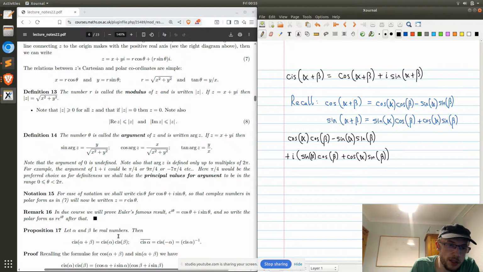I know that if I were to just write out what the right-hand side is, okay, we'll just do that. That's the left-hand side. And now we're going to have a look and see what the right-hand side looks like.